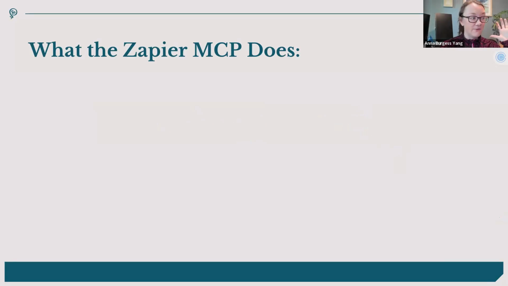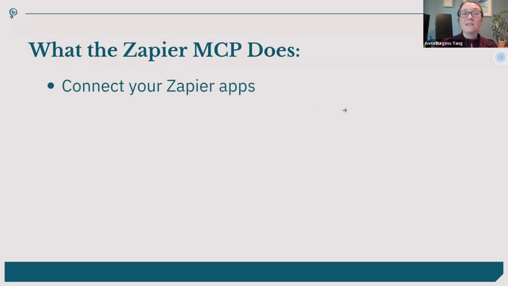Basically, if this one thing happens in one app, another thing happens in another app. The Zapier MCP lets that happen within Claude, in my example. Within Claude, it can trigger a workflow. So it lets you connect your Zapier apps.